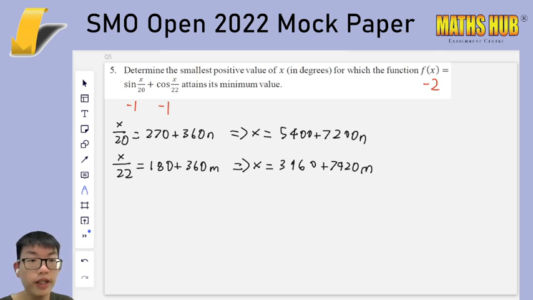Okay, so equate them, and we would get 1440 n is equal to 7920 m minus 7200.